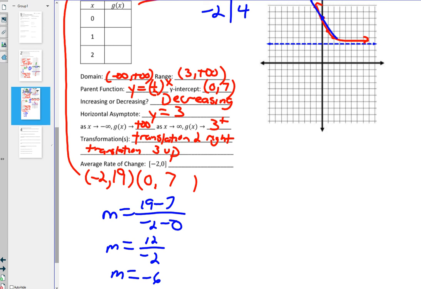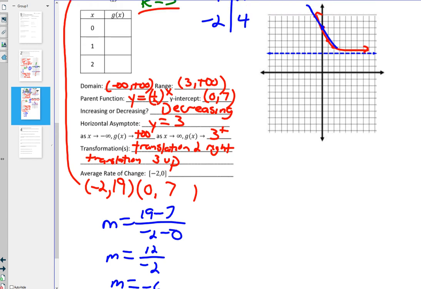It's going up on the left and down on the right. No questions so far. We'll move on to the next page.